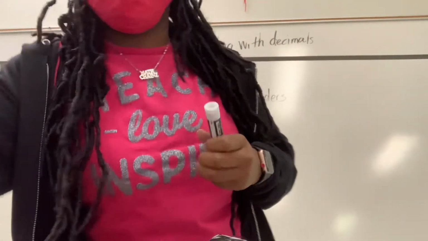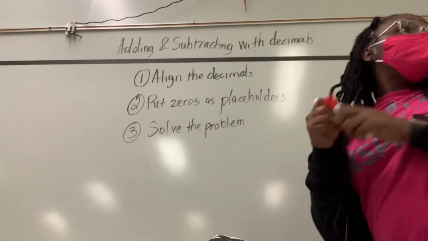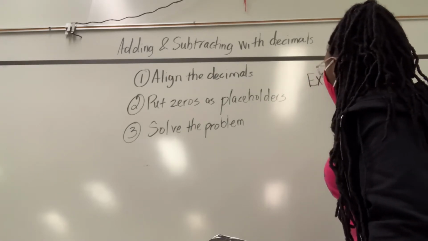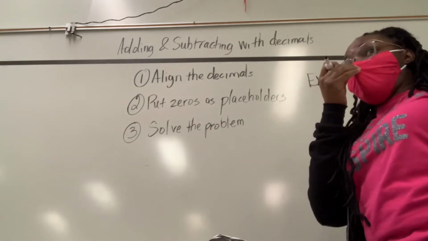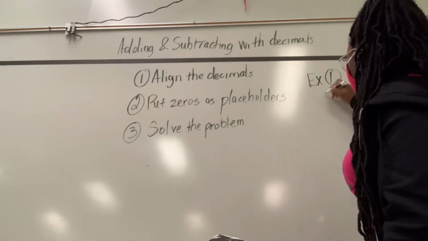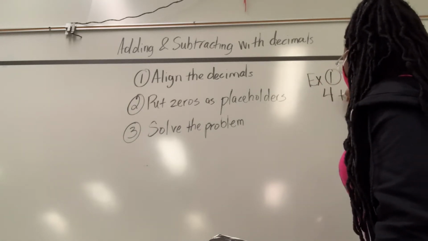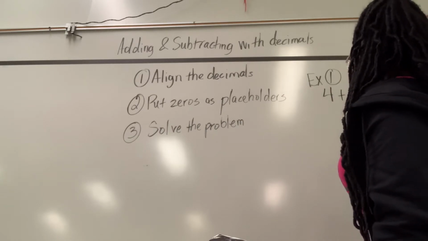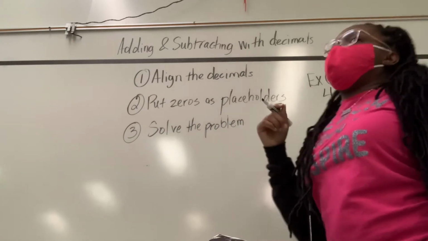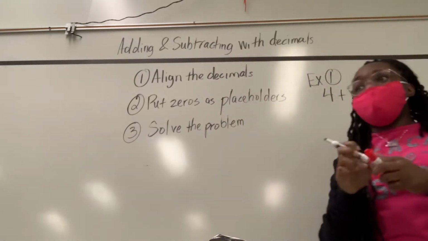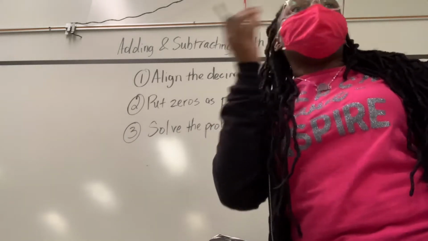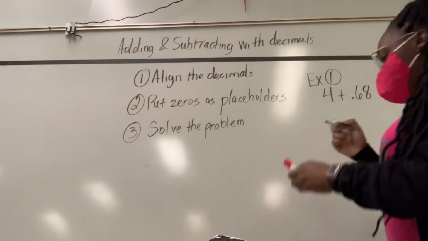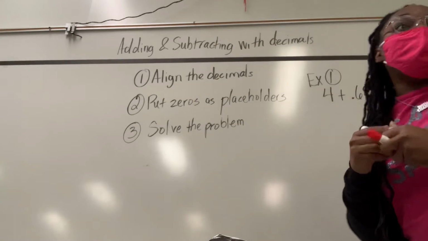All right. So, our first example is with addition. Say somebody said 4 plus 68/100ths. And I'm saying it with the THS at the end because it's behind the decimal. So first thing we've got to do is align the decimals.